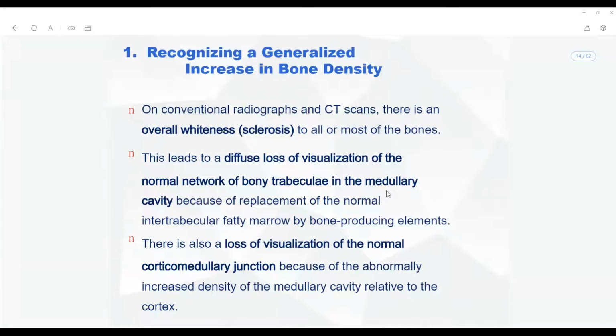Did you understand the difference between calcification and sclerosis? Density wise, both of them are the same. Deposits wise, both of them are the same, but region wise, the terminology is entirely different.